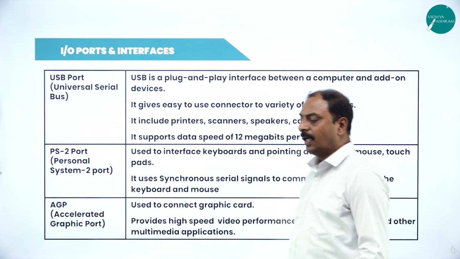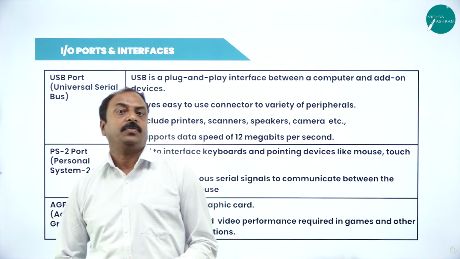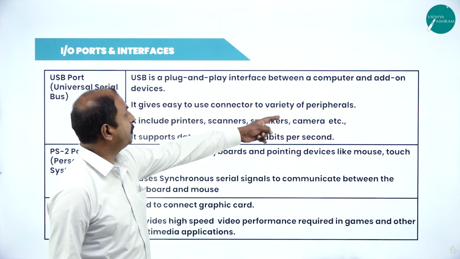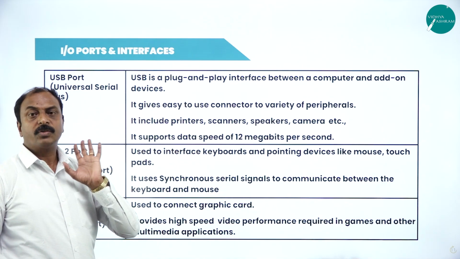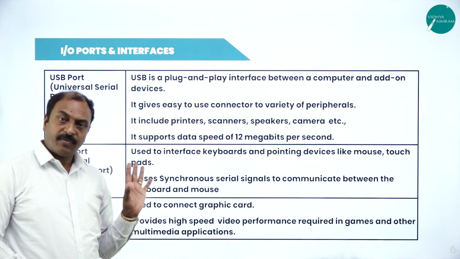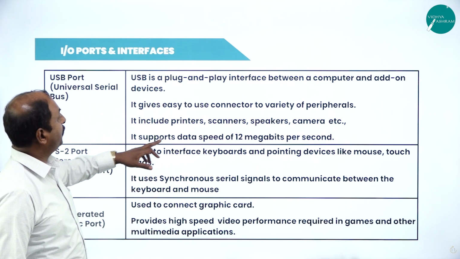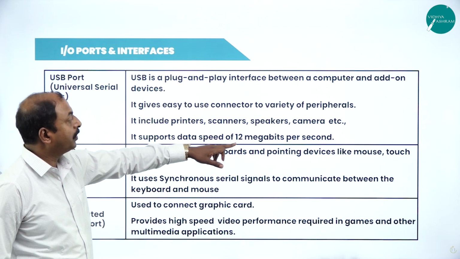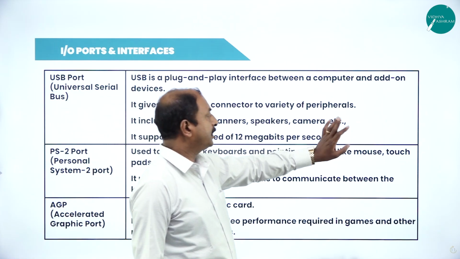What are peripherals? The hardware devices which you can connect to the CPU are called computer peripherals. So nowadays most computer peripherals have a USB interface, including printers, scanners, etc. It supports a data speed of 12 megabits per second.